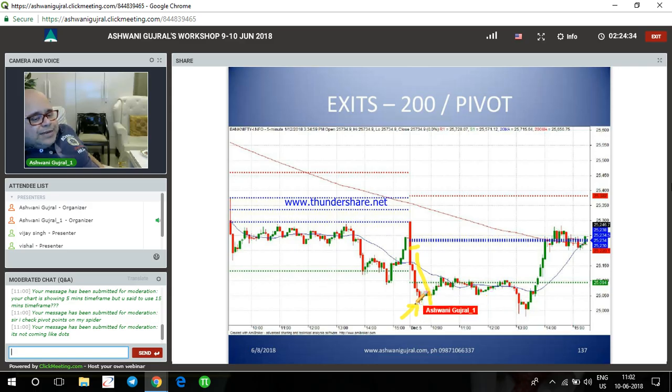When we go back to retest this level and break it, you want to be out. Why? Because a trending day often keeps making new lows. If a market is not making new lows every hour, then it's not trending, then it's a bit of sideways.